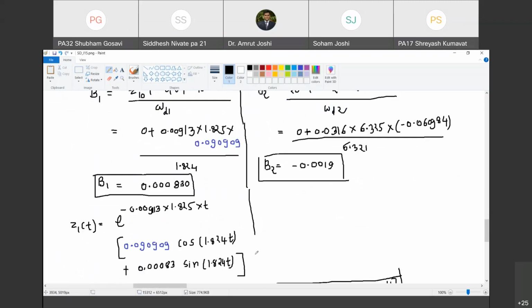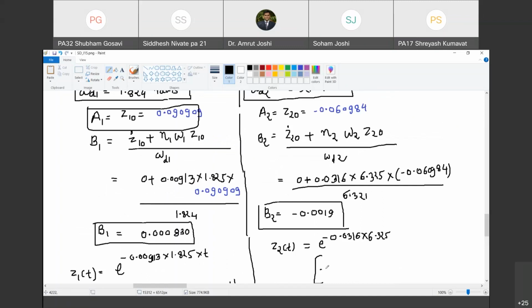We are now going to write down Z2 of t. So what is Z2 of t? E raised to minus eta 2 omega 2, where eta 2 is 0.0316 and omega 2 is 6.325, multiplied by A2, that is minus 0.060984 cos of omega d, that is 6.321 t.